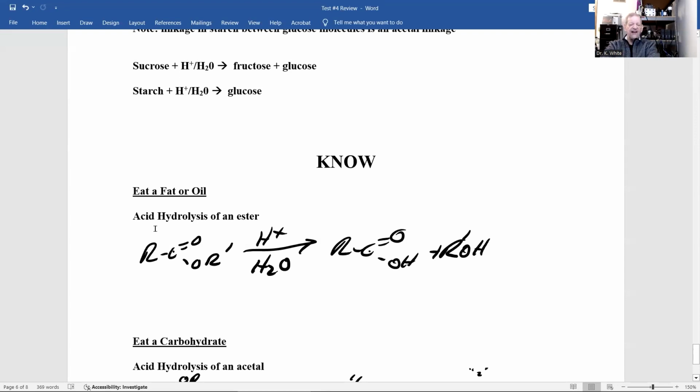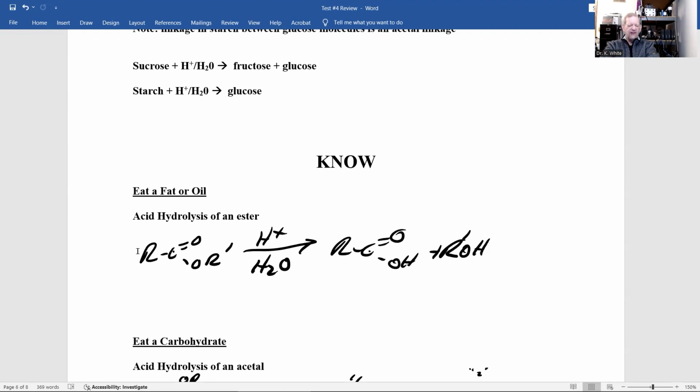So when you take a fat or oil and ingest it, those esters in your stomach undergo acid hydrolysis of an ester. And the general reaction that you learned for test number 3 was an ester plus acid and water. You get back the carboxylic acid plus the alcohol you would have used to make that ester. Again, you should know how to describe with words and a general reaction what happens in your stomach when you eat a fat or oil.